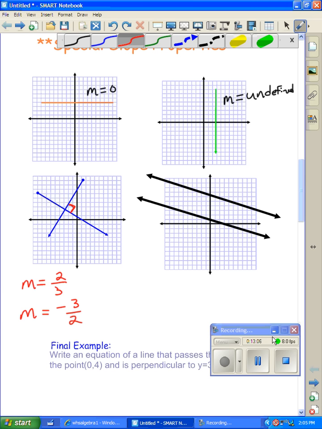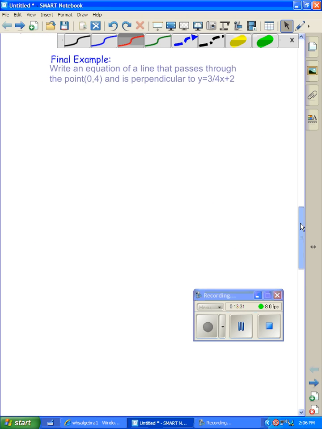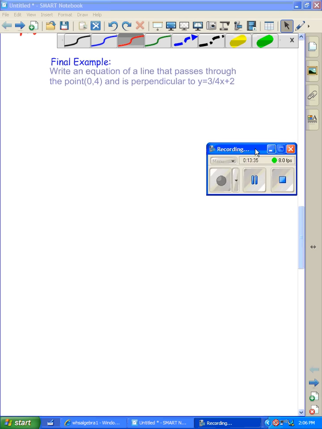And then the last special property of lines, parallel lines, real simple. If two lines are parallel, then they must have the same slope. So if this one's 1/2, then this one's 1/2, and so on. Okay? All right. Last thing I'm going to go over with you in class, and then I got some problems for you to try tonight and have notes ready for tomorrow.